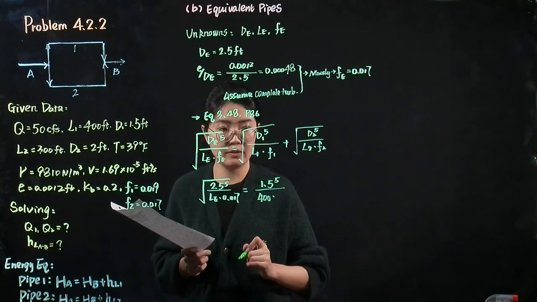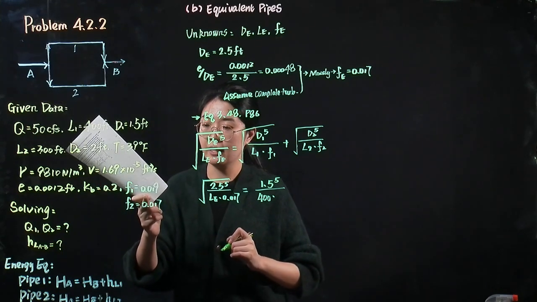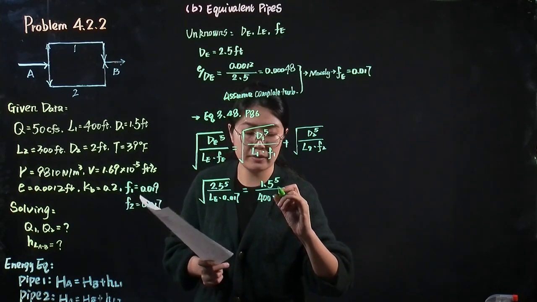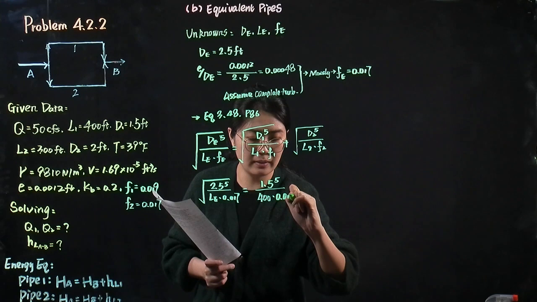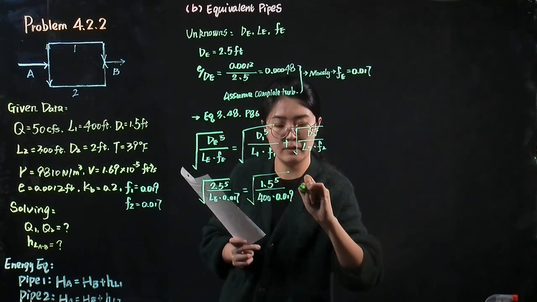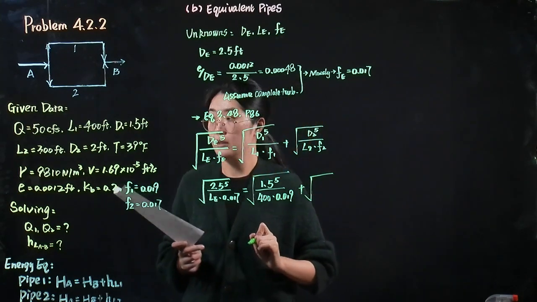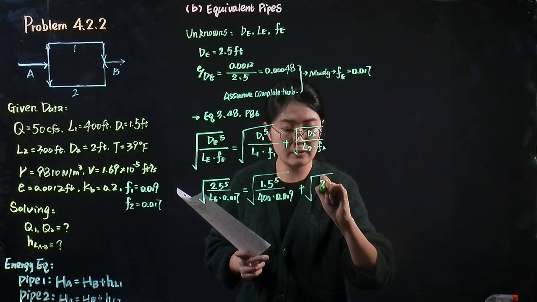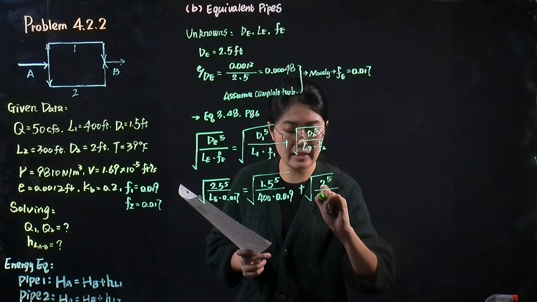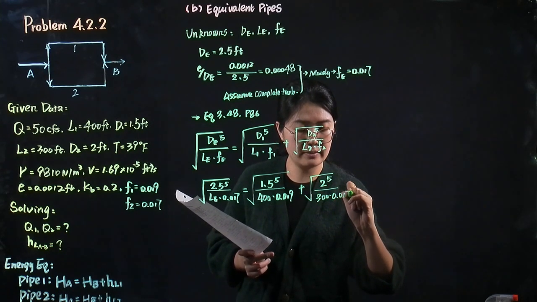F1 is the friction factor value in pipeline 1 that we calculated by using the Hardy-Cross principles. It equals to 0.019. And plus D2 is 2 feet, L2 is 300, 0.017.